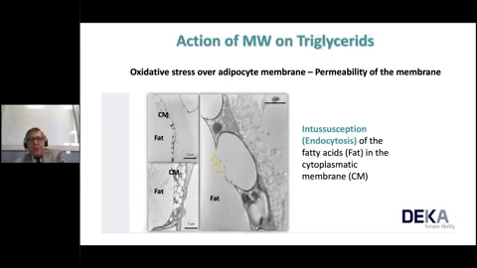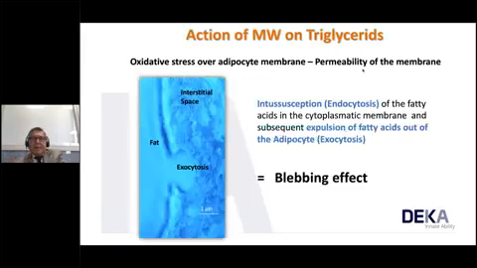After the treatment, you can see the so-called intussusception, so the endocytosis of the fatty acid in the cytoplasmic membrane, followed by the exocytosis. So the droplets go out into the surrounding connective tissue. And we have the so-called blebbing effect.